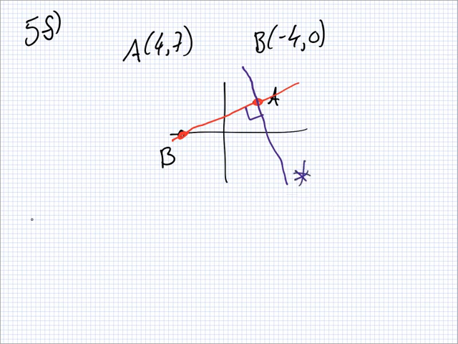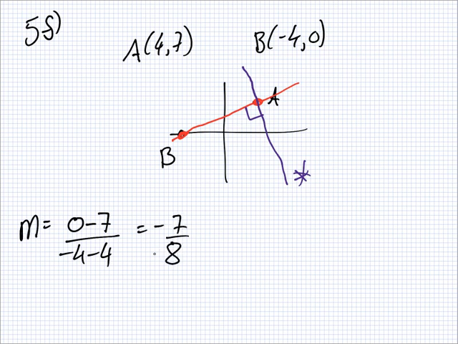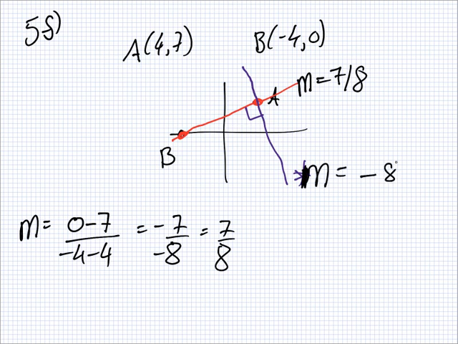So, m equals 0 minus 7 over minus 4 minus 4. So that's minus 7 over minus 8, which is 7 over 8. Now that's the slope of this red line. What's the slope of the perpendicular blue line? Yeah, minus 8 over 7. So we have y equals minus 8 over 7x plus c. And do I use A or B to get my c? A. I have to use A because only A is on the blue line.